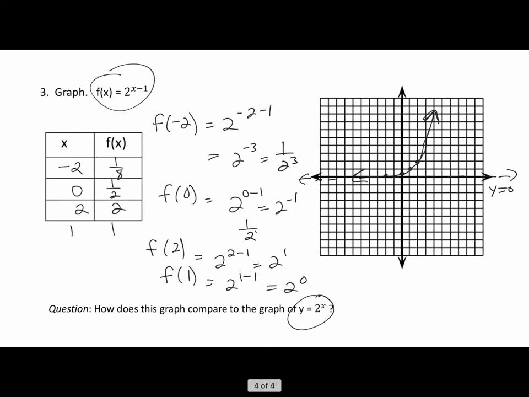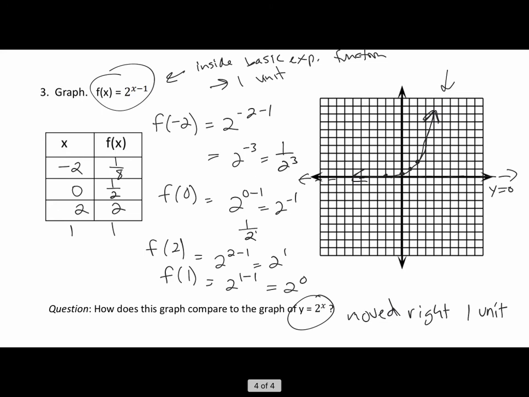So how does this graph compare to the graph of y equals 2 to the x? How is this different? Well, inside the basic exponential function, inside where the x is, you have minus 1. So remember that does the opposite. That moves to the right 1 unit. So you'll notice that every point in this graph is shifted right 1 unit.